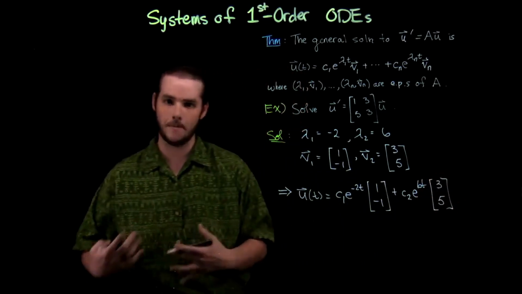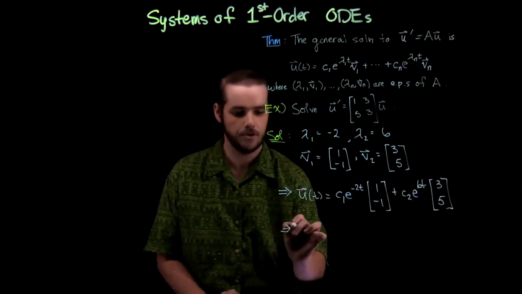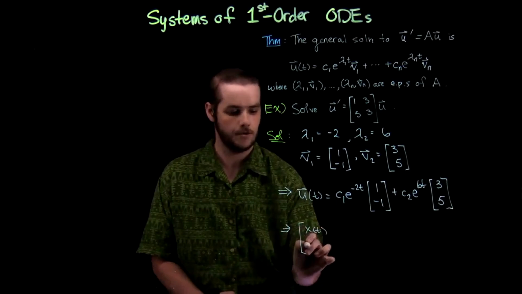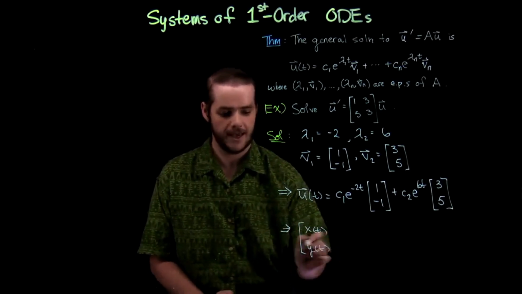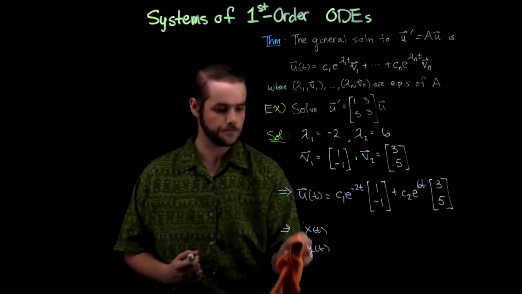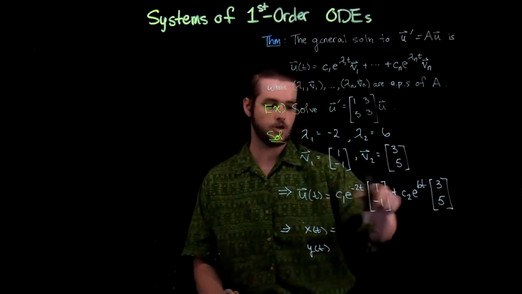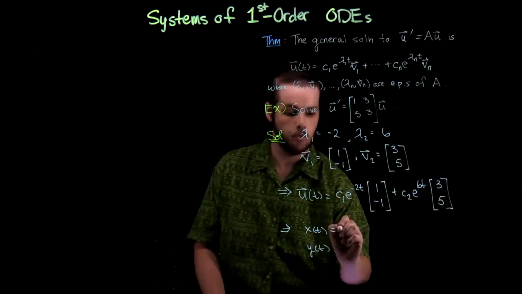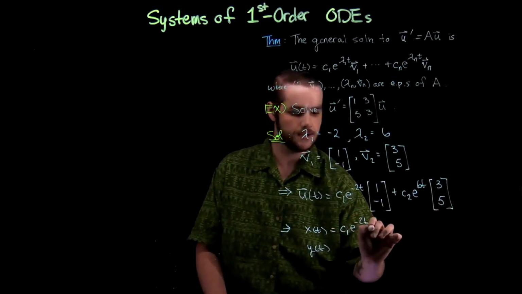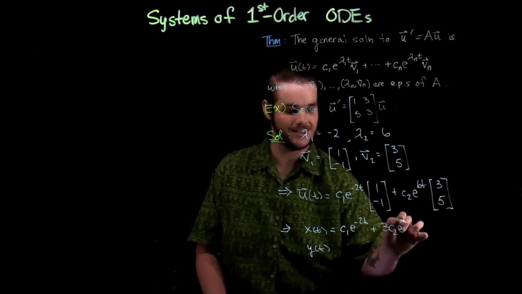To help relate that back to scalar world, looking at each of the individual equations, remember u is x, y, and I'm just going to ditch my matrices for now. So I've got x and y. If I add up everything across the top rows, I get 1 c1 e to the negative 2t plus 3 c2 e to the 6t.